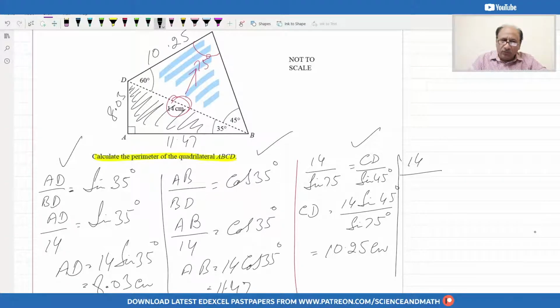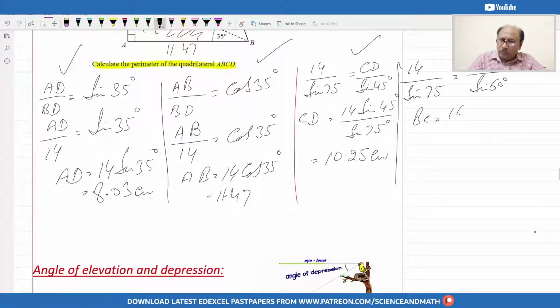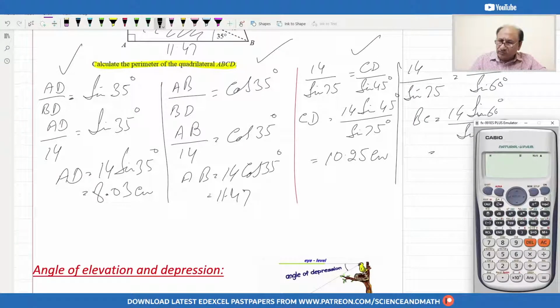So BC will be equal to 14 sine of 60 degrees divided by sine of 75 degrees. The decimal value will be 12.55.